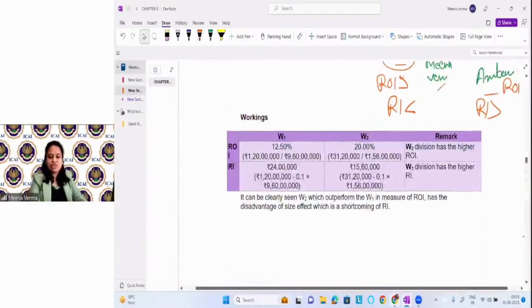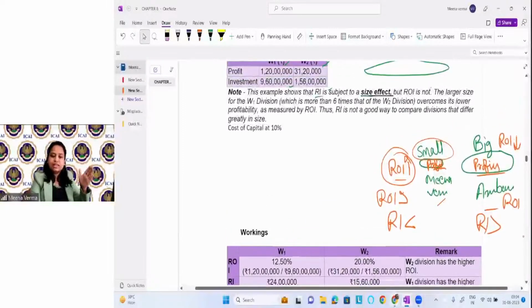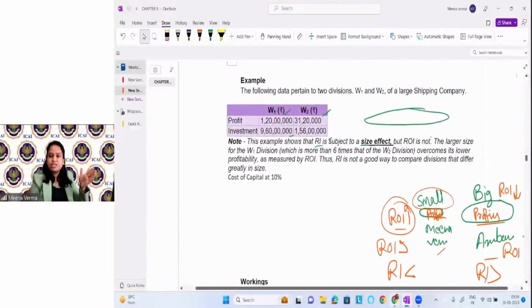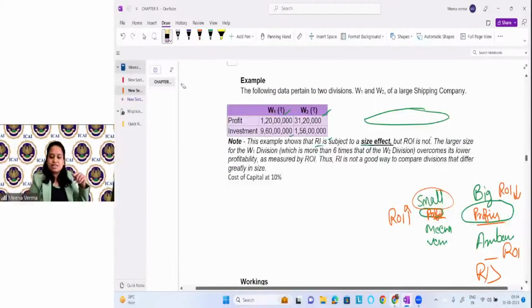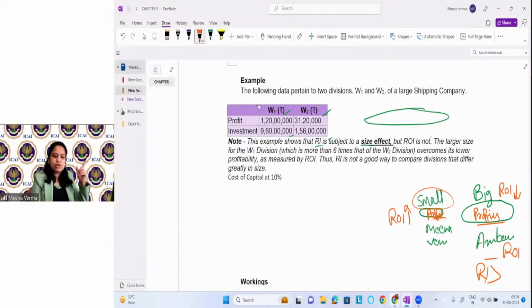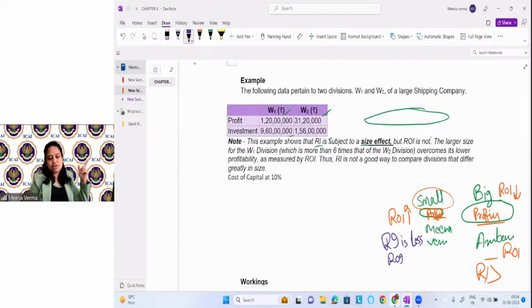Like we just discussed, for Meena Verma, residual income is less because profit is less, but return on investment is high.